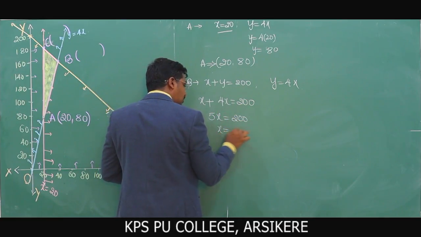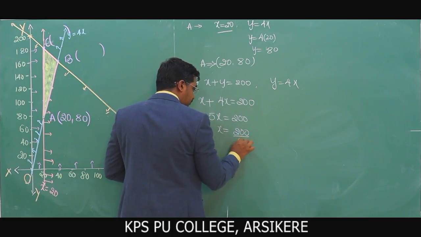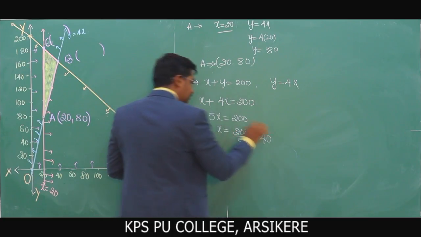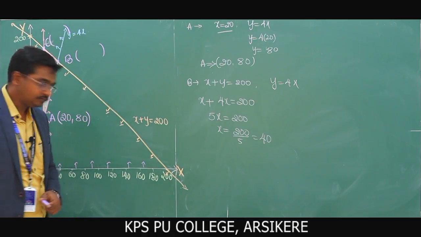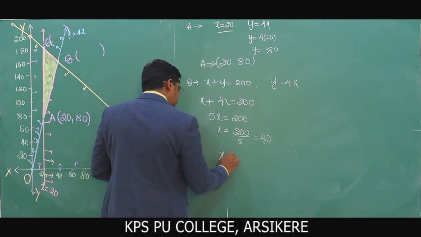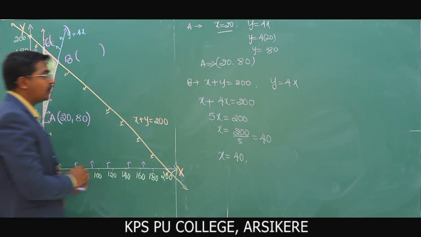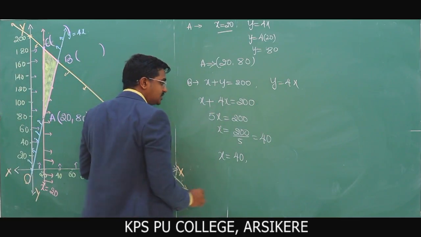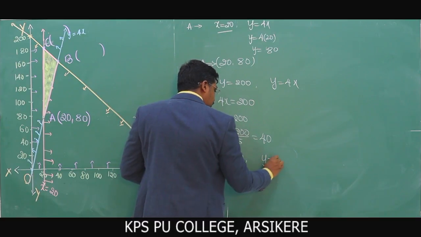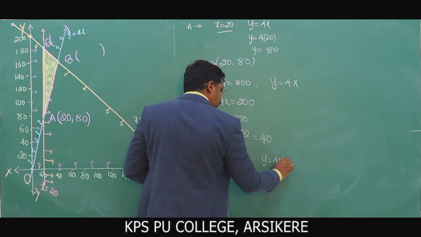What is x then? X is equal to 200 divided by 5. That becomes 40. So x is equal to 40. So what about y then? Just substitute here. Y becomes 4 into what?